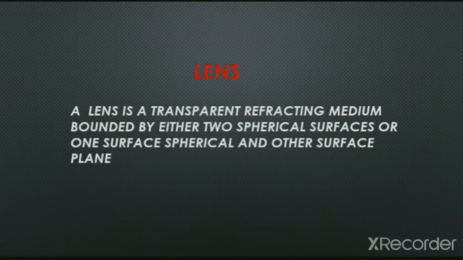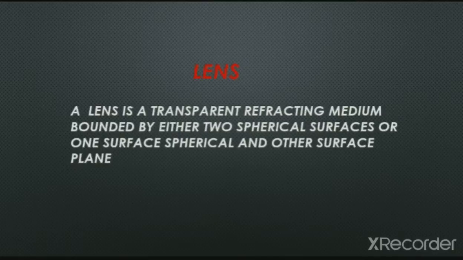So the first thing about a lens is how it gets its name. Lens gets its name from a Latin word, lentil. Lentil, all of you know, means pulses, a type of pulse which is used in cooking.